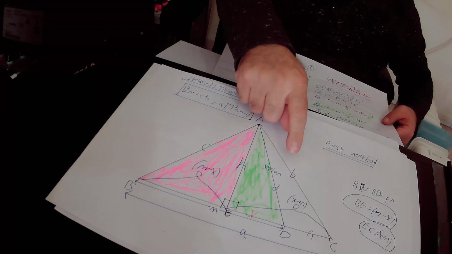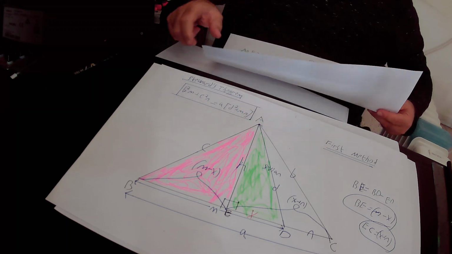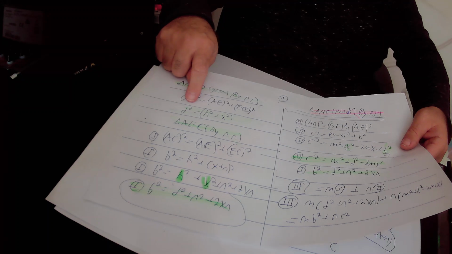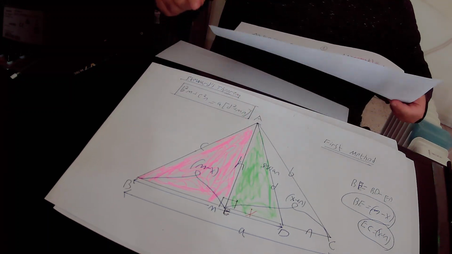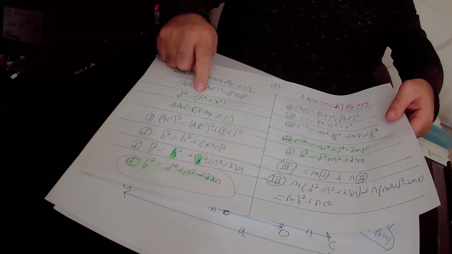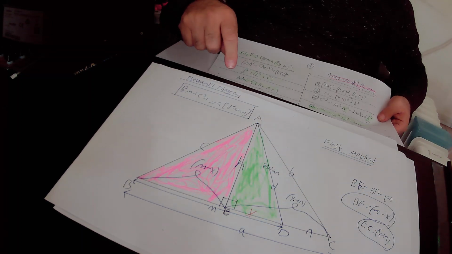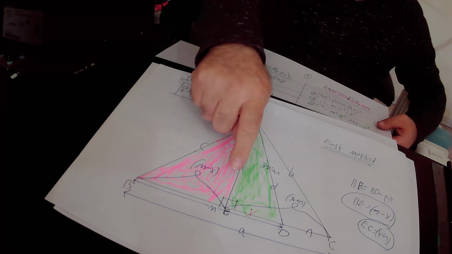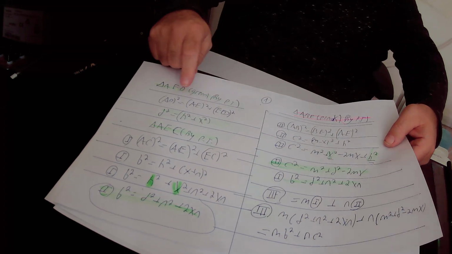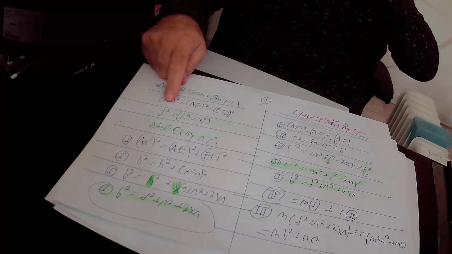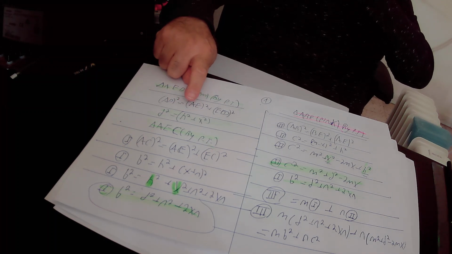AD is d, therefore AD square is d square. AE is h, therefore AE square is h square. And finally, ED is x, therefore ED square is x square. So in conclusion, we found that d square equals h square plus x square.